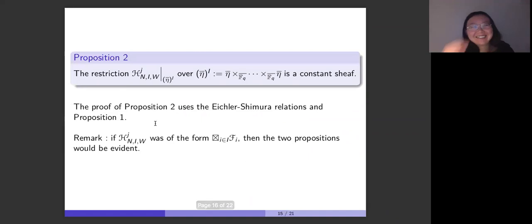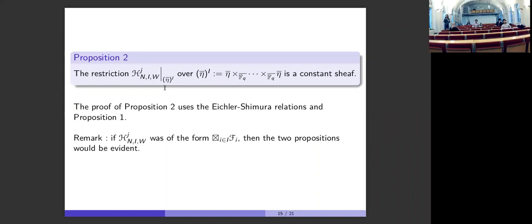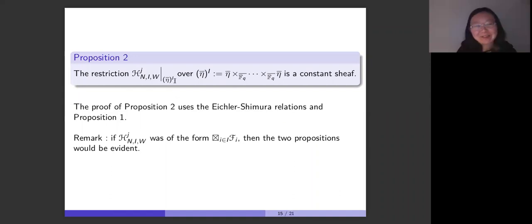Yes. In fact, there is a proposition 3 I didn't write down. There is a more general version of proposition 2, where you can replace any of these eta bar by Weil bar. So you can have eta bar times eta bar times eta bar, eta bar times Weil bar times Weil bar, eta bar times Weil bar times eta bar.